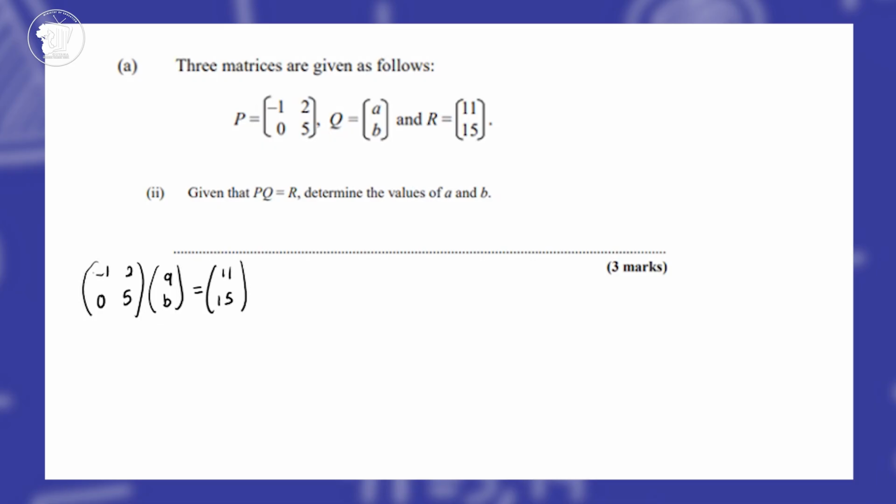And they want us to find A, B. So we need to take this over to this side, and when we work it out, we'll get the values of A and B.